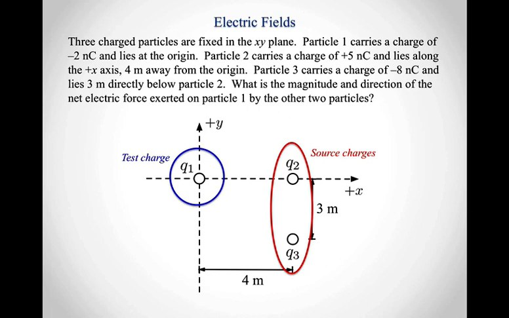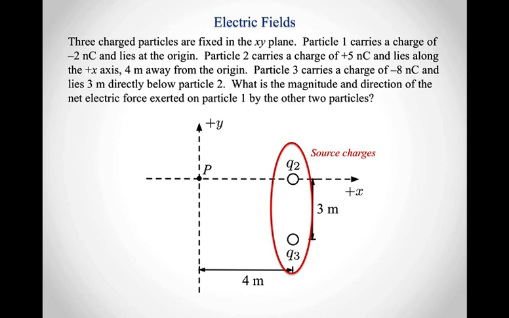So by thinking about the electric force on particle 1, that tells us that particle 1 in this case we can think of as our test charge. And so what we're really interested in is what's the electric field created by our two source charges at the point where we put particle 1. Charge 2, charge 3, they're going to create an electric field. That electric field will be all through the space all around them, including at point P.